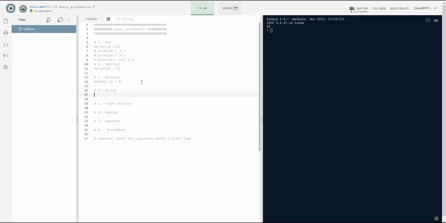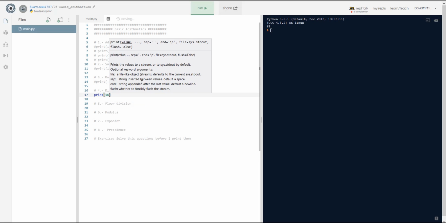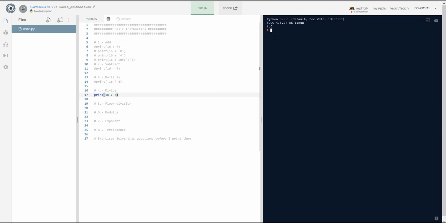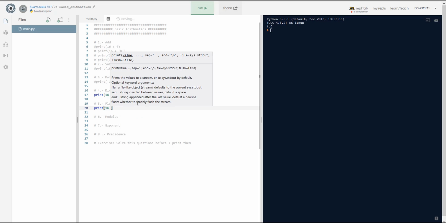Now divide: 16 divided by 4, and we are going to get this 4 dot 0. This is a float when you have decimals. In order to avoid this, we can use floor division, which is two slashes.